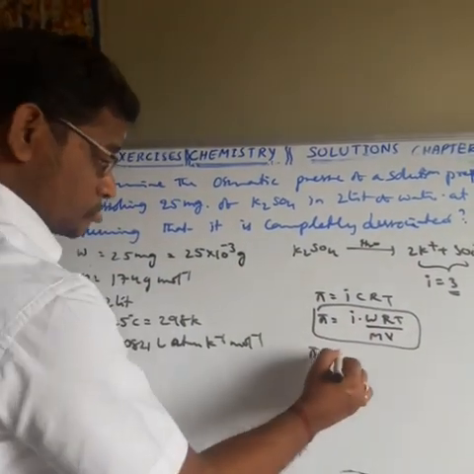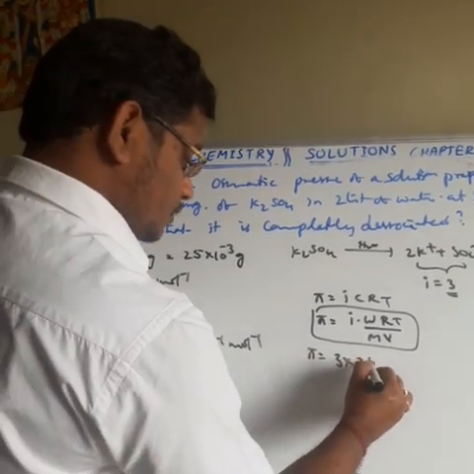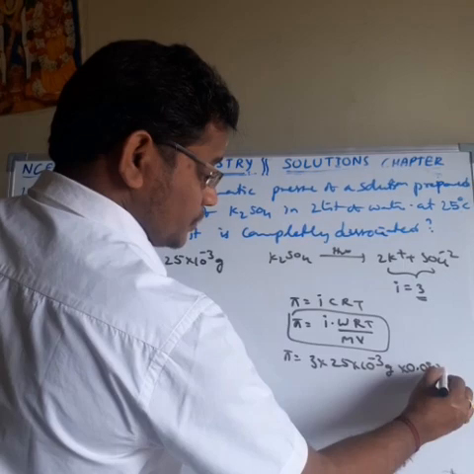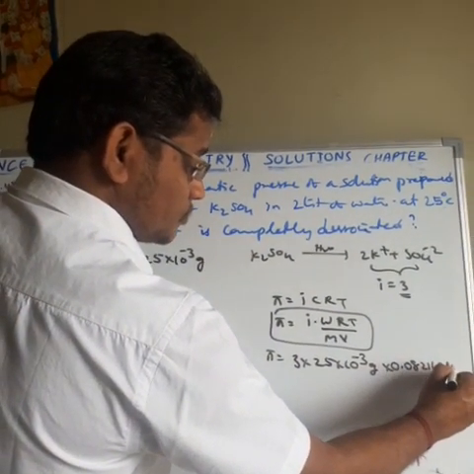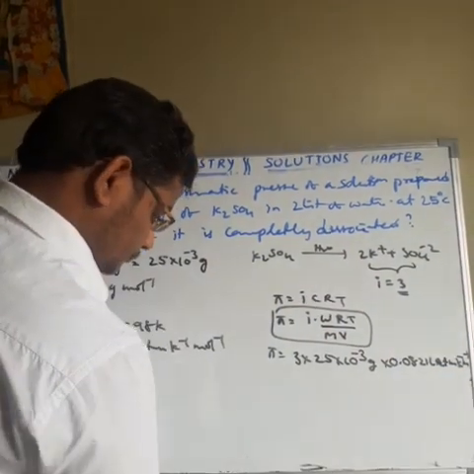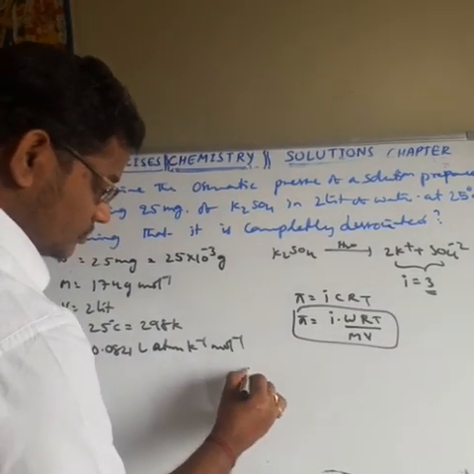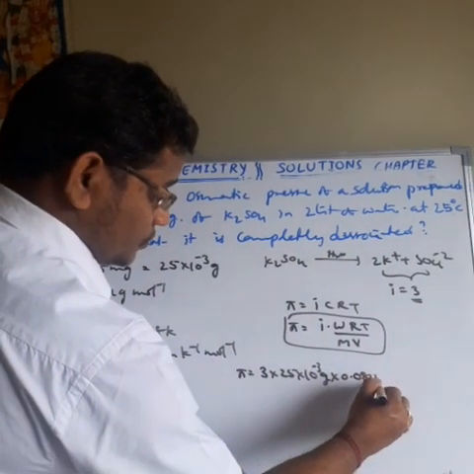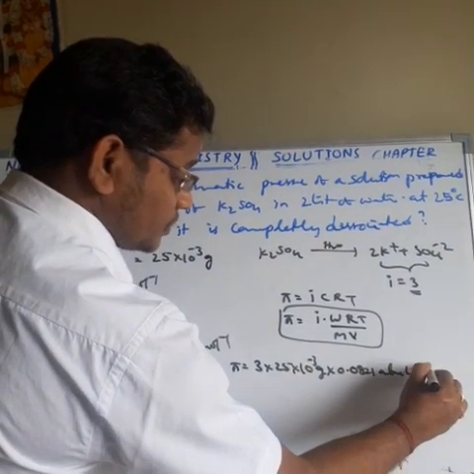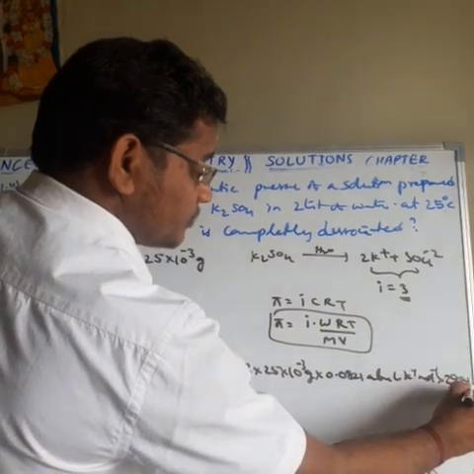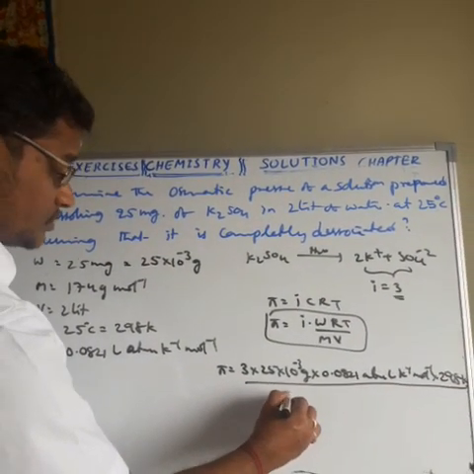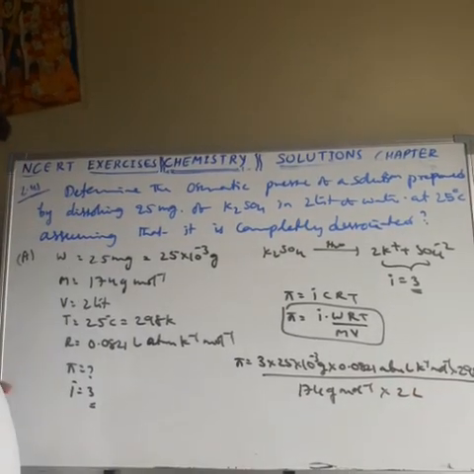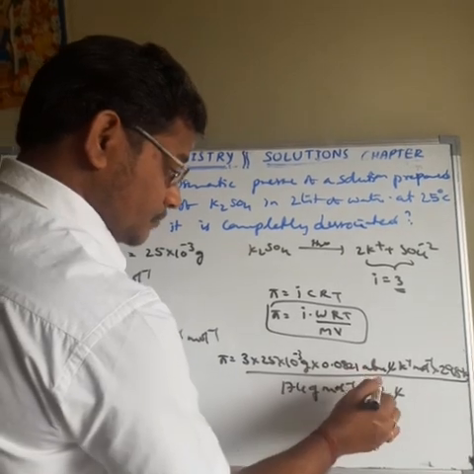Pi is equal to i value 3 into weight 25 into 10 power minus 3 gram into R value 0.0821 atmosphere liter Kelvin inverse mole inverse into 298 Kelvin divided by M, molecular mass 174 gram mole inverse, into 2 liter volume. Liters cancel.